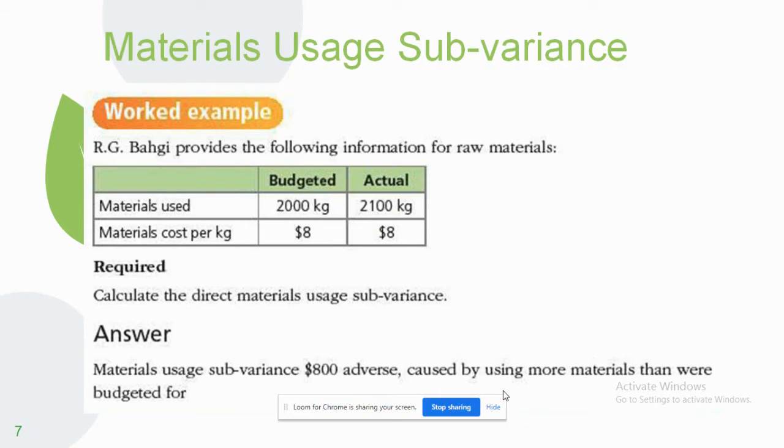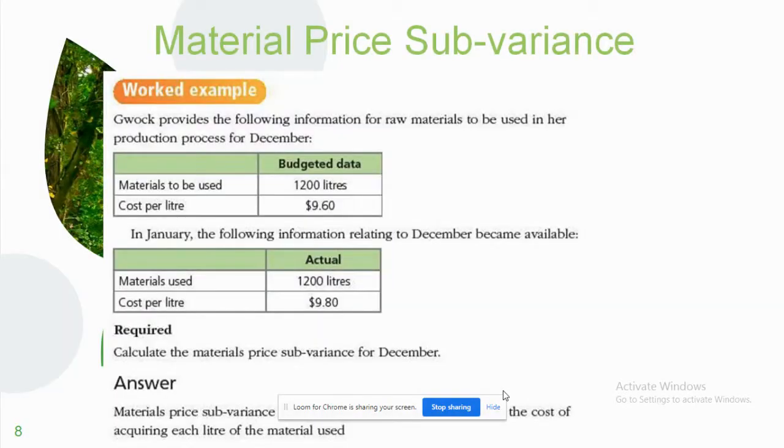That gives us 100. 100 times the price, that's 800. Now, if we look at it, materials used is 100 kilograms more than budgeted. Since it is more, it is adverse. So 100 kilograms excess used multiplied by $8 per kilogram, that's $800 adverse, caused by using more materials than were budgeted for.